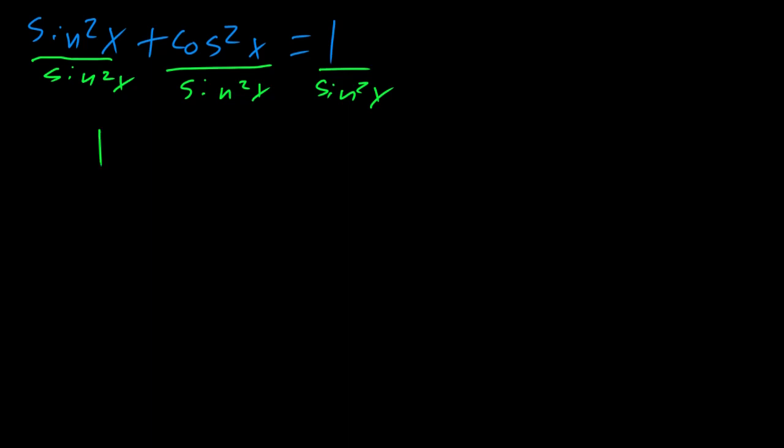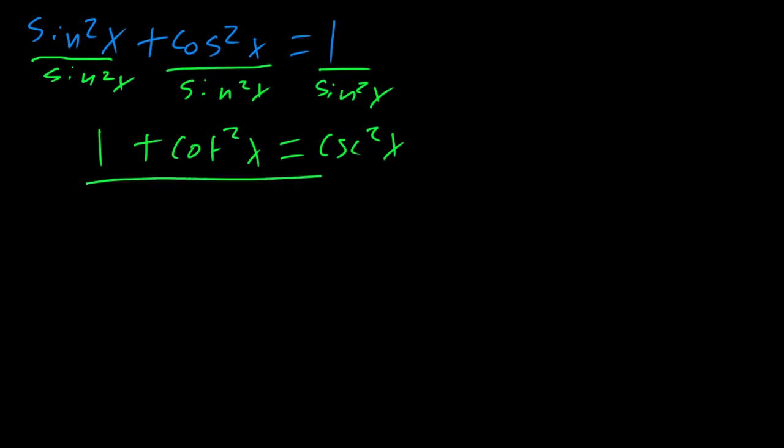That's just 1. Okay. So what's cosine squared of x divided by sine squared of x? Well, we know that cotangent of x is cosine of x over sine of x. But since it's squared, it has to be cotangent squared of x. And 1 over sine squared of x is equal to cosecant squared of x. And that's our second identity.